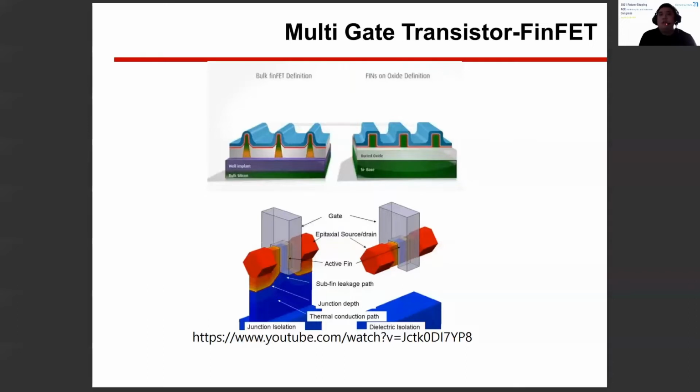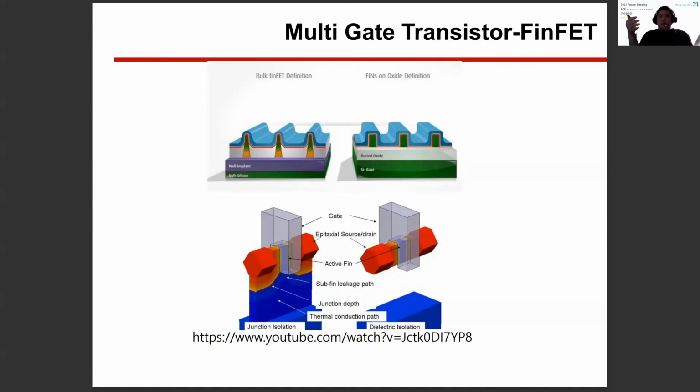With everything considered on the short channel effects, scientists and engineers have moved on to the FinFET structure. That is, we make the gate part with this shape, the body substrate like this, and the gate wraps around the body.